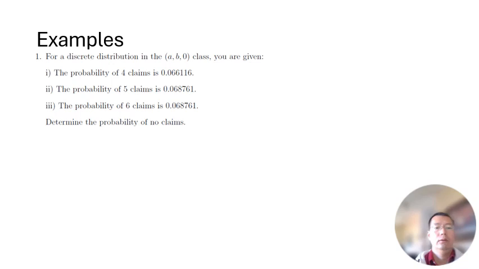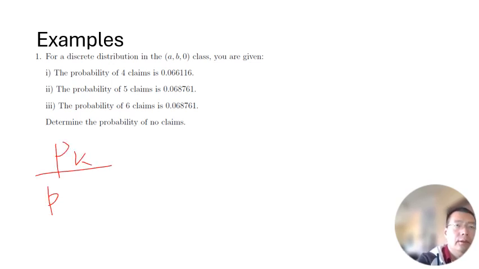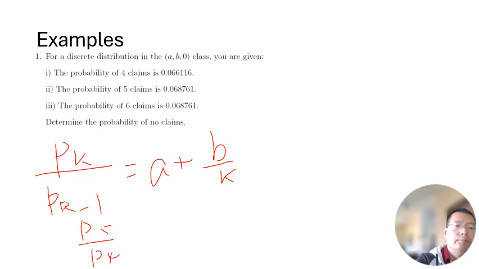To solve this problem, we just need to figure out the parameters first. We want to utilize what we learned before, this formula. So p5 over p4 will be a plus b over 5, which gives the ratio we can calculate.